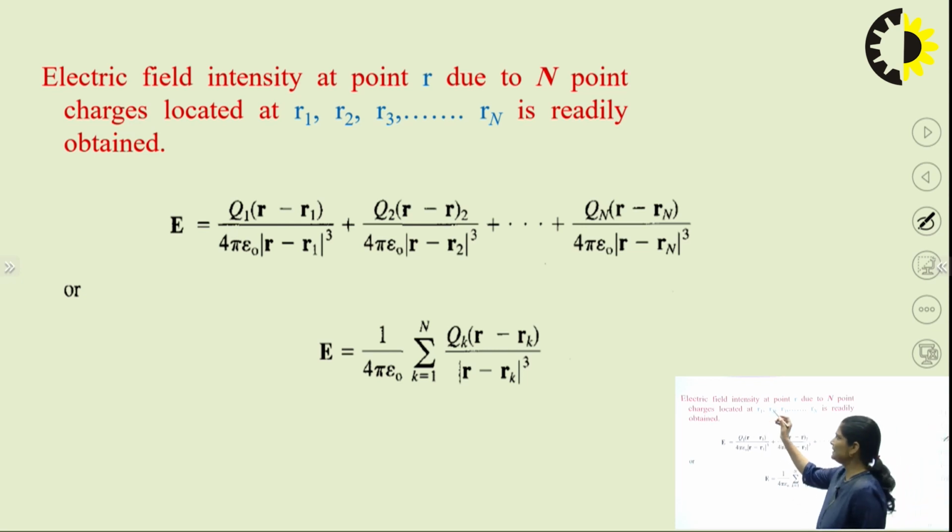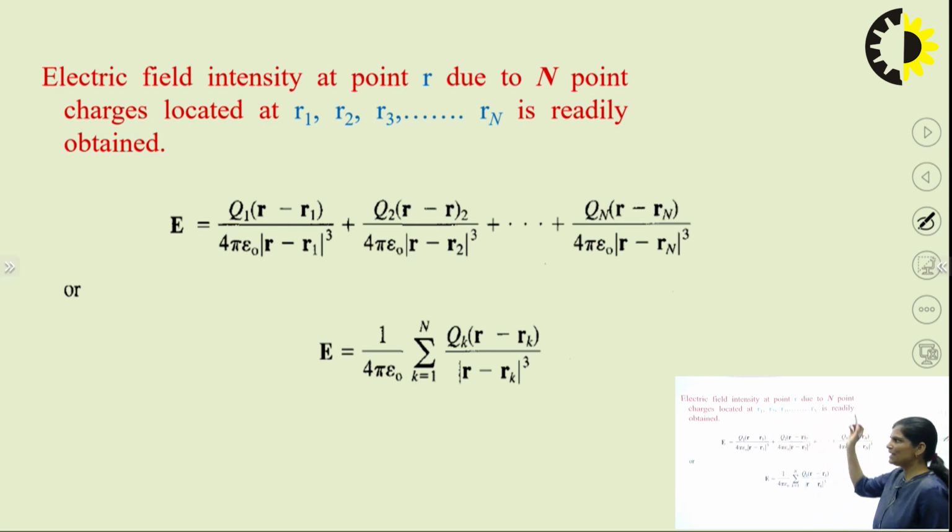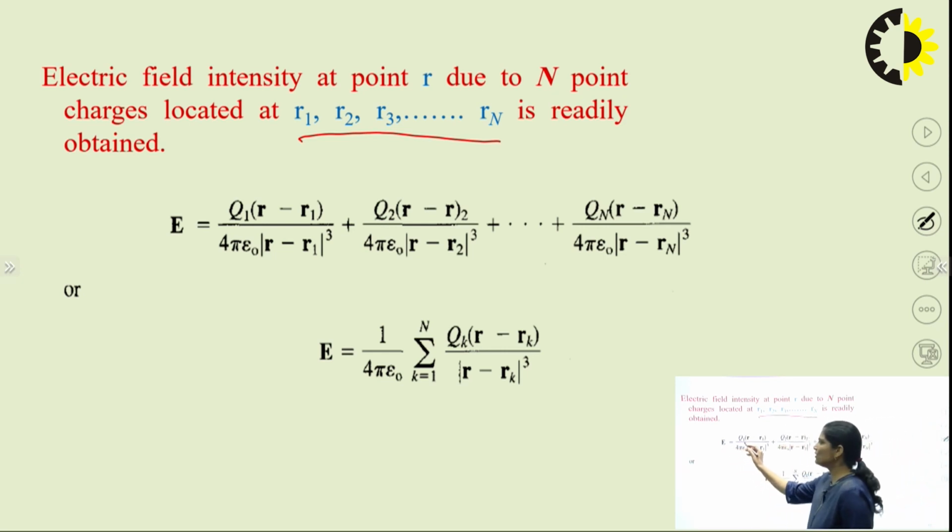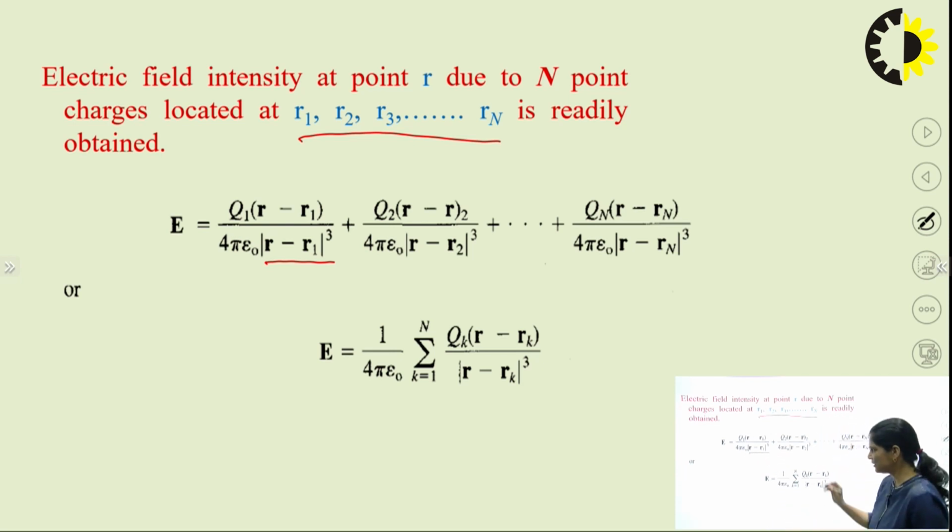Now electric field intensity at point R due to n-point charges located at R1, R2, R3 up to Rn. Now how can you find out for these points? Electric field intensity is equal to, you have to use the general formula as we have done for the 2-point charges. Now Q1 into R minus R1 upon 4 pi epsilon naught, magnitude of R minus R1 cubed.